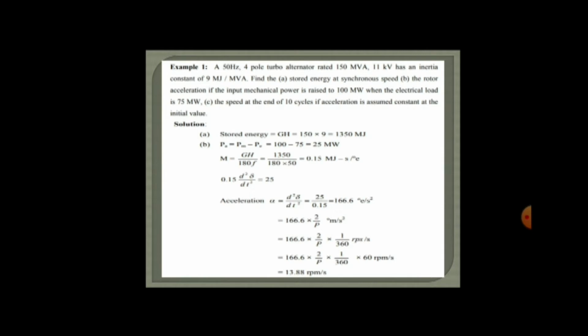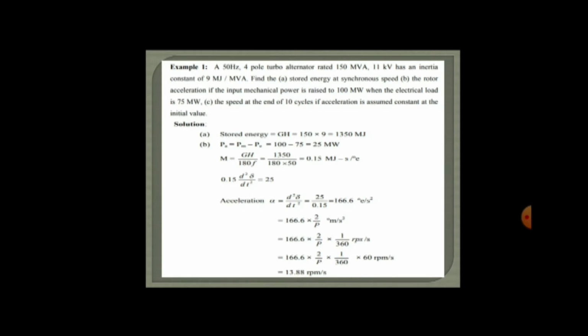So see here, this is the previous problem only. All of you see once again: a 50 Hz 4-pole turbo alternator rated 150 megavolt ampere, 11 kV, has an inertia constant of 9 megajoules per MVA. Find A bit, the stored energy at synchronous speed.